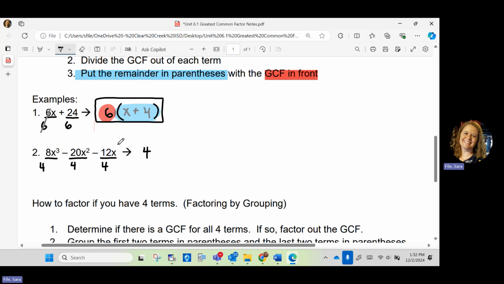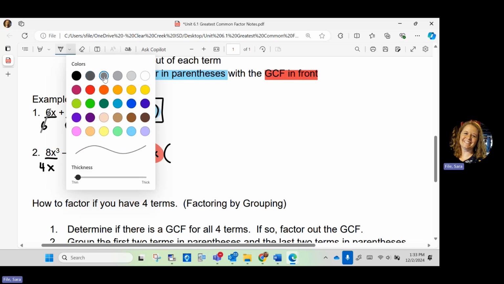So that's the most that I can take, only one. There's only one X there. So that's all I can take out of all of these, just X to the power of 1. Okay, so all of these are going to get divided by 4X. 4X is my GCF. Now I'm going to put in parentheses what's left when I do that division.